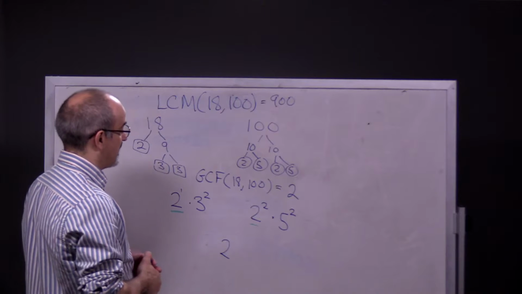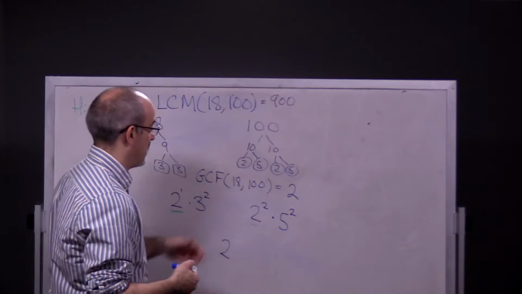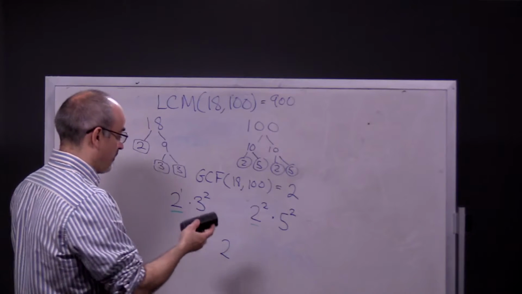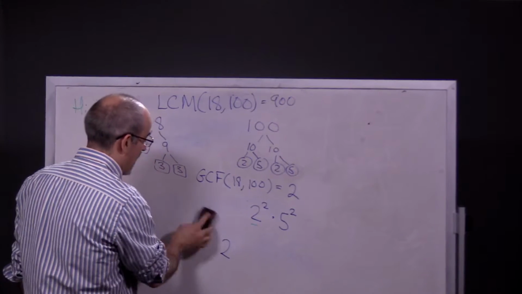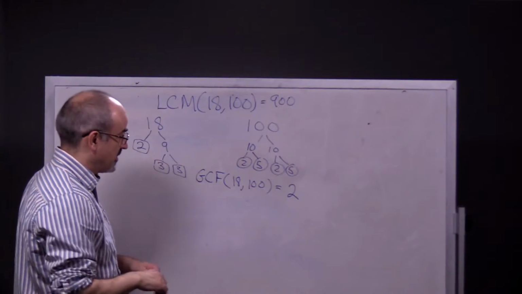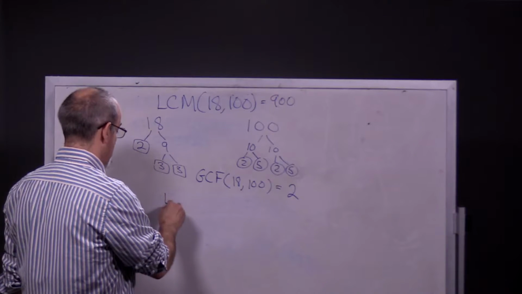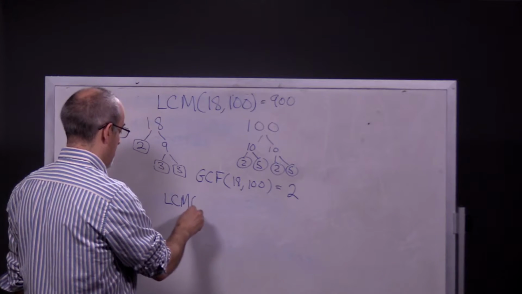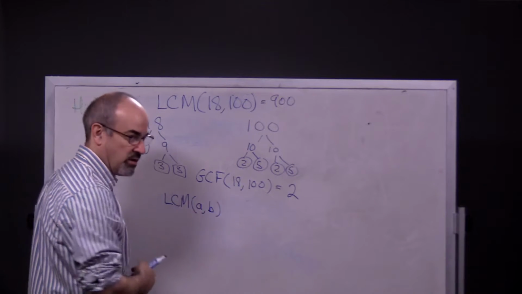So how are you going to use that to find the LCM of these two numbers, which we already know is 900? There's a simple formula, I guess you'd call it a formula. Now I do want to erase this. Okay, so there's a formula that links GCF to LCM, and that is this. The LCM of two numbers, A and B, I know those aren't numbers, but you know it's math.